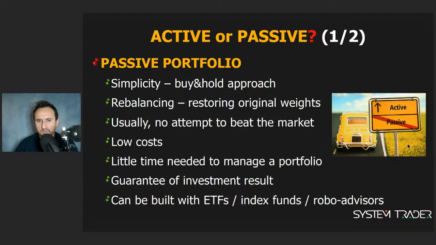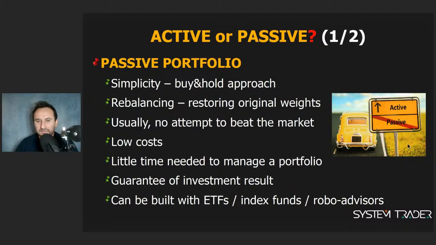So the passive portfolio, I think, is highly recommended for most investors because it's very simple. You just buy something which is very well diversified, and you just hold it. Although it seems easy, and technically it is easy, still for psychological reasons it's not that simple.